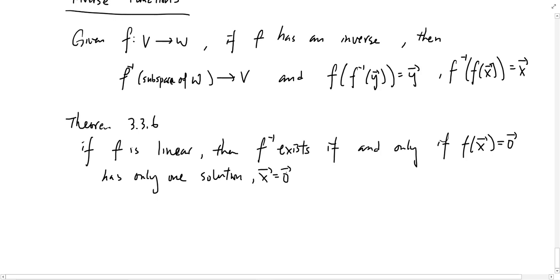If you recall, that basically means that the function f is 1-to-1 if it satisfies this condition, that f of vector x equal to 0 vector only has one solution, which is the 0 vector.